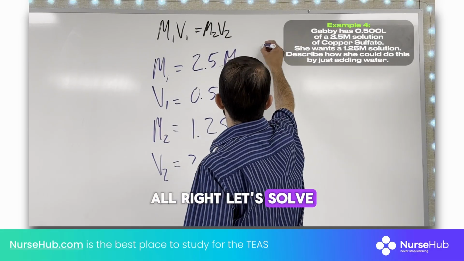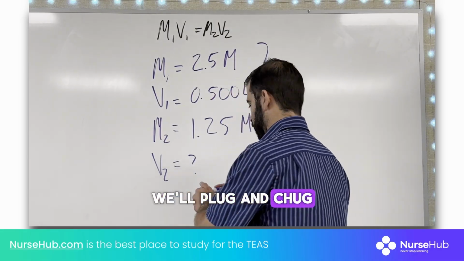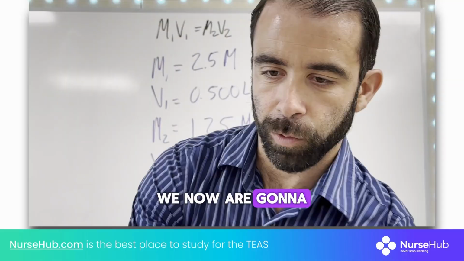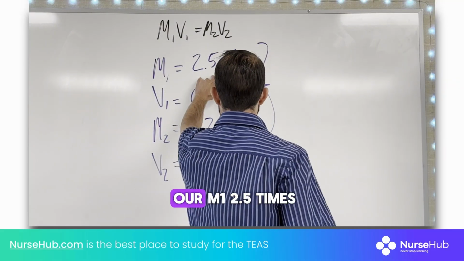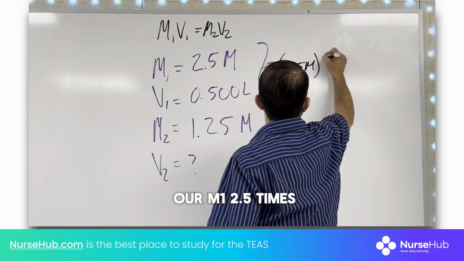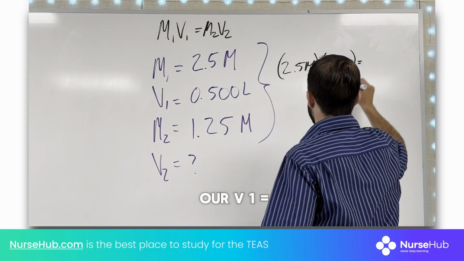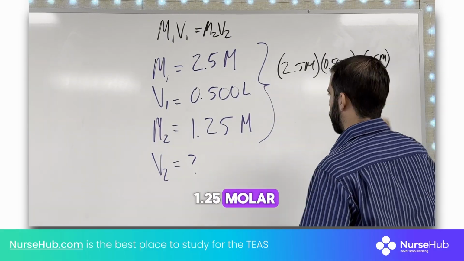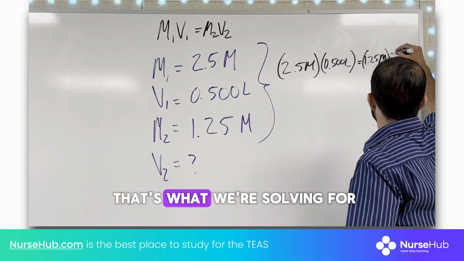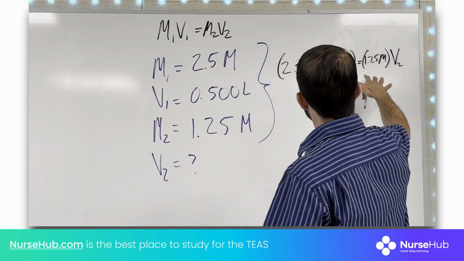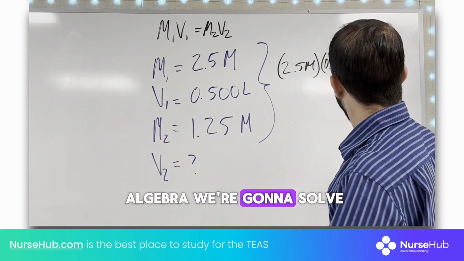All right, let's solve. We'll plug and chug. We're gonna write down our M1 2.5 times our V1 equals 1.25 molar, and then we can just write V2 because that's what we're solving for. Makes it nice and easy. Now, just like in algebra, we're gonna solve for the unknown.